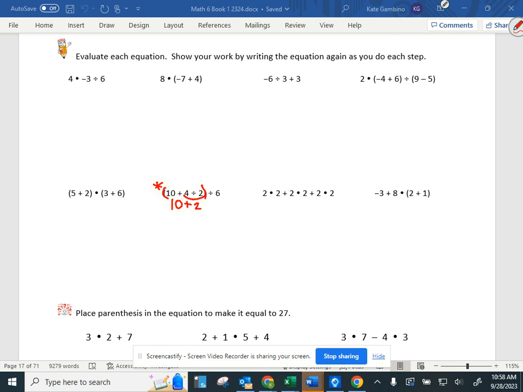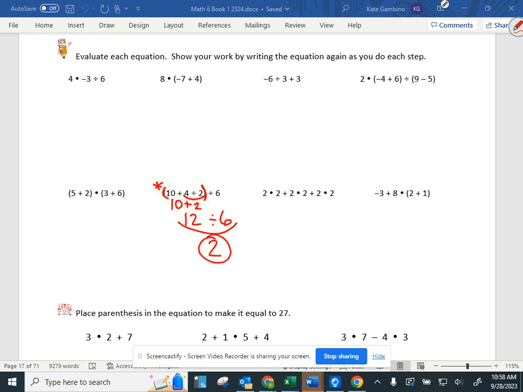So we're still inside parentheses. So 10 plus 2 is 12. Now we're going to bring down what was outside of the parentheses. So you have to do the parentheses following the order of operations, then do what's outside of the parentheses. So now we have 12 divided by 6, which is 2.